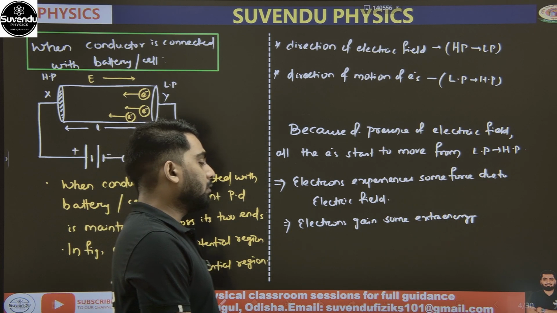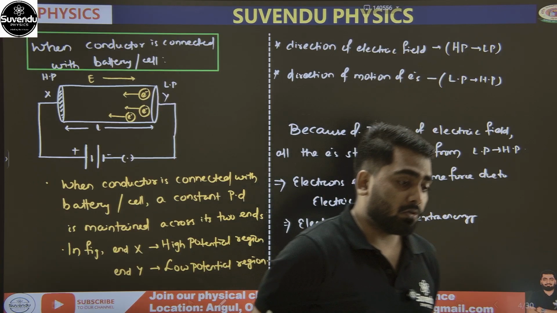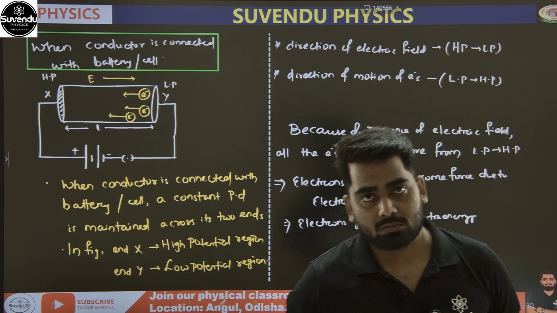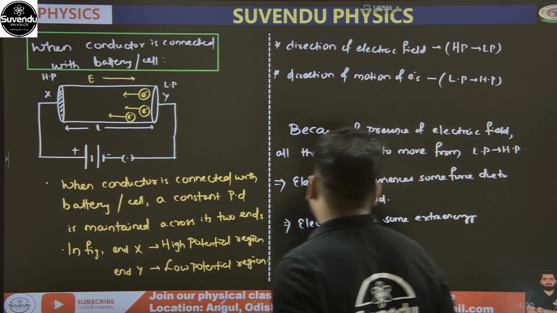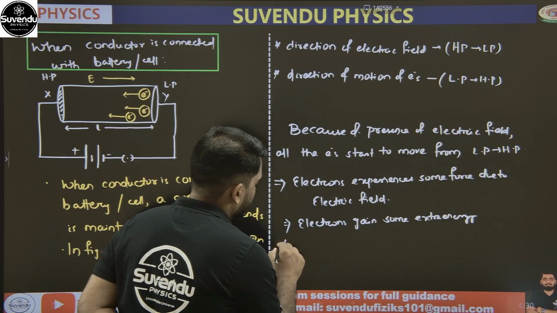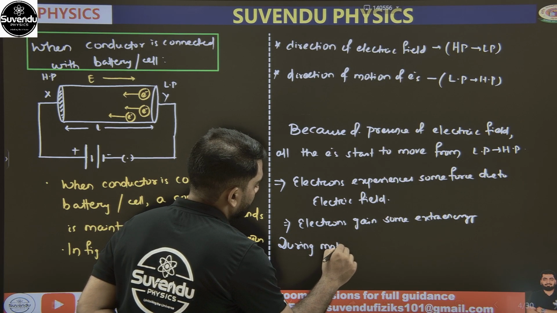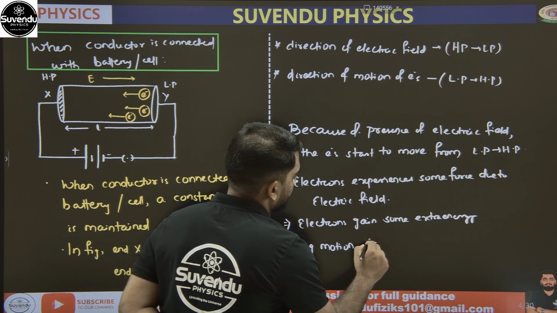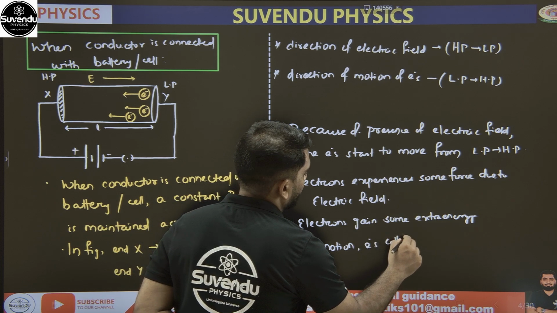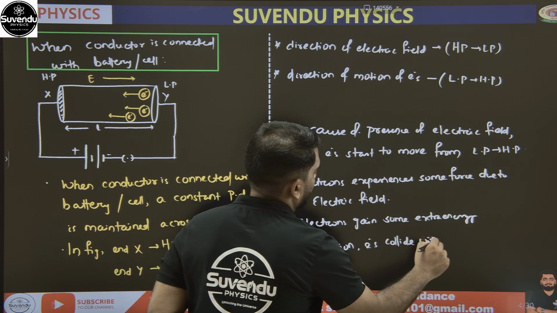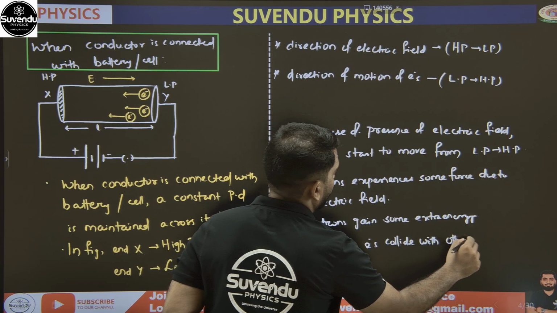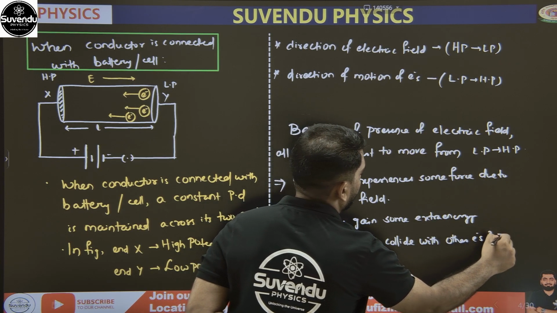Clear? But during their motion, they collide with other electrons. So in that time, what will happen? During motion, electrons collide with other electrons and positive ions.